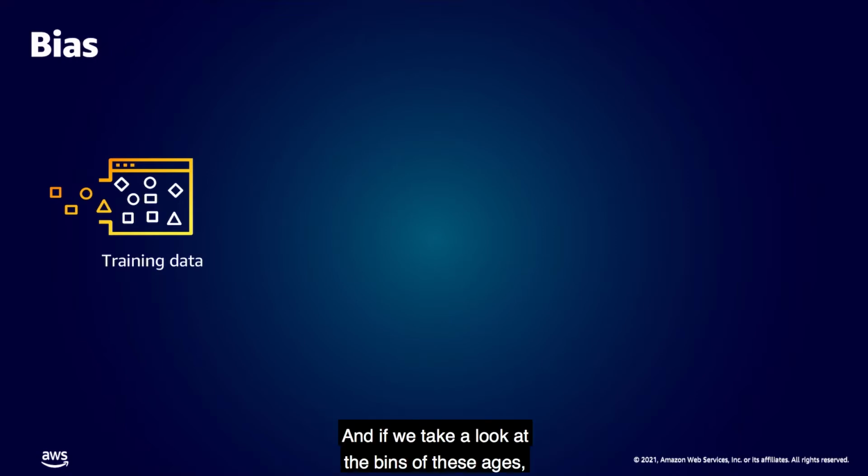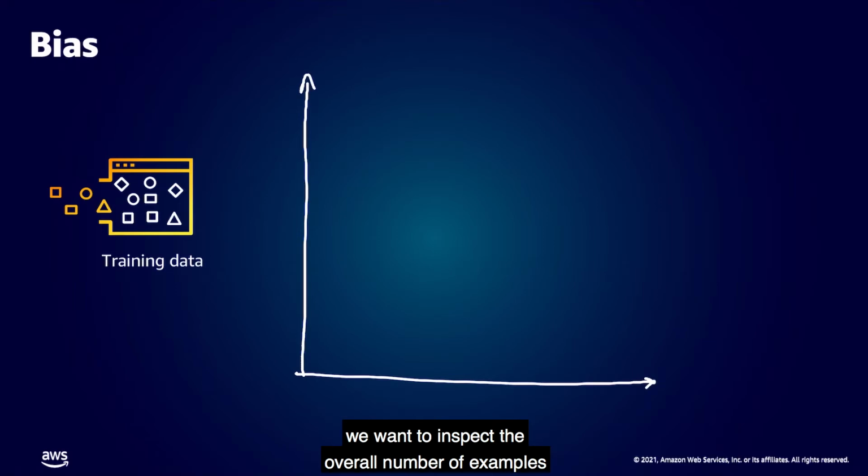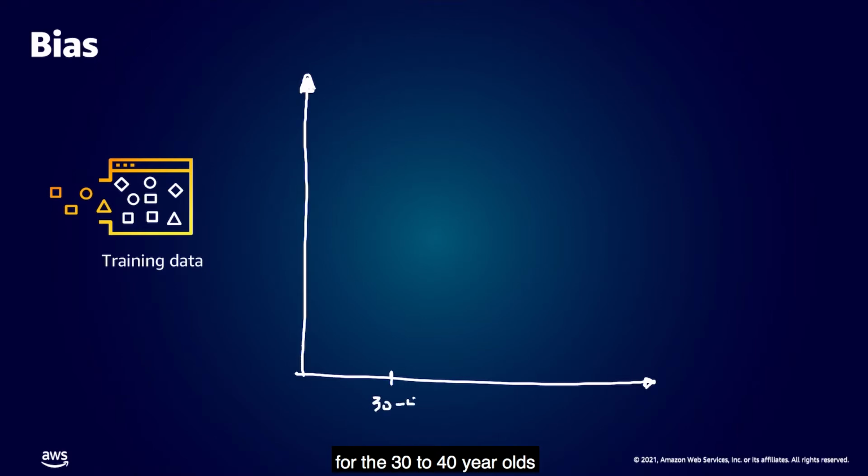And if we take a look at the bins of these ages, we want to inspect the overall number of examples in the training data set. So let's take a look at the 30 to 40-year-olds versus the 80 to 90-year-olds. And again, these are age bins.